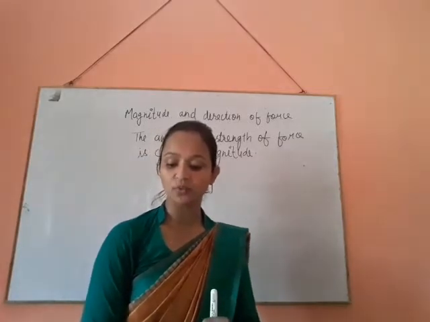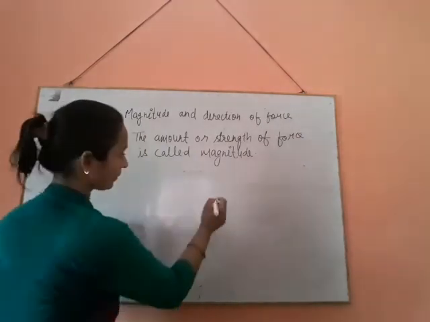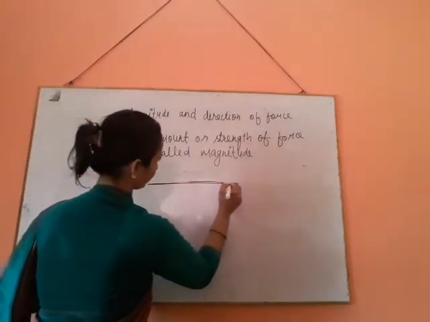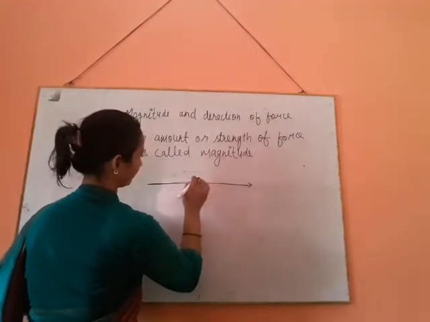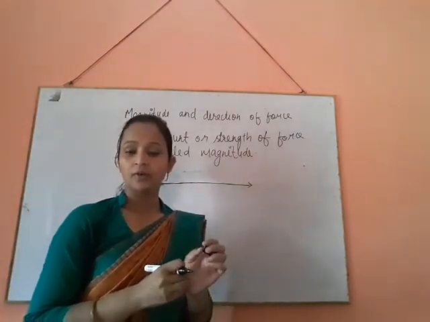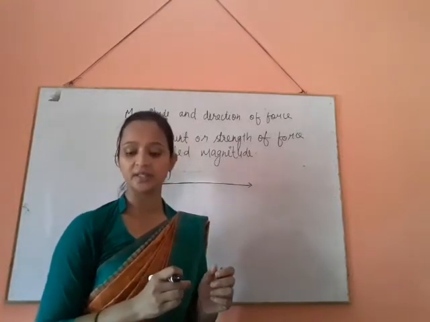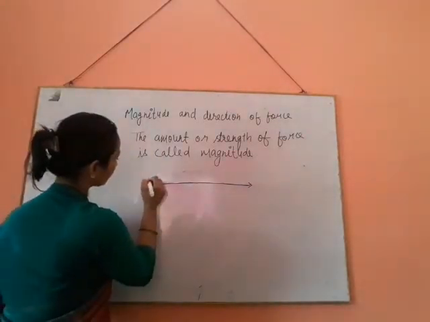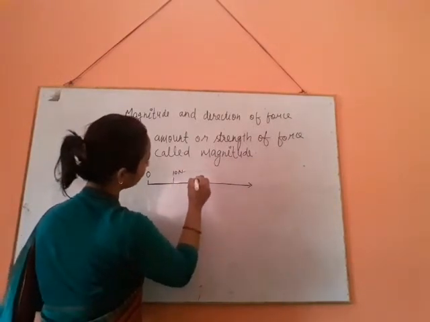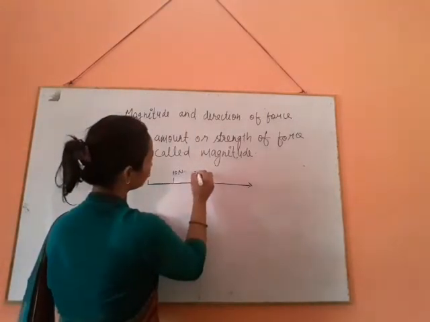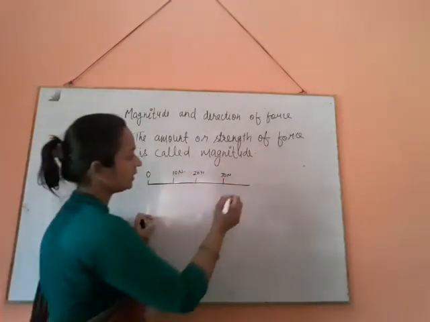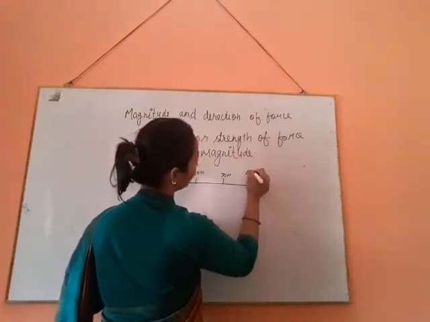40 Newton force acting towards east. Here we start from 0, then 10 Newton, then 20 Newton, this is the 30 Newton, and this is the 40 Newton.